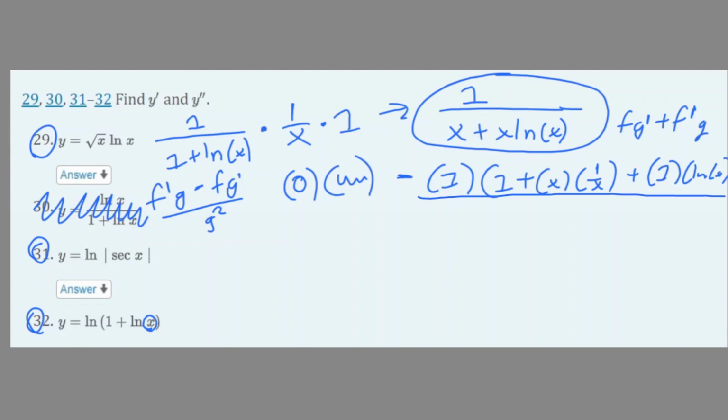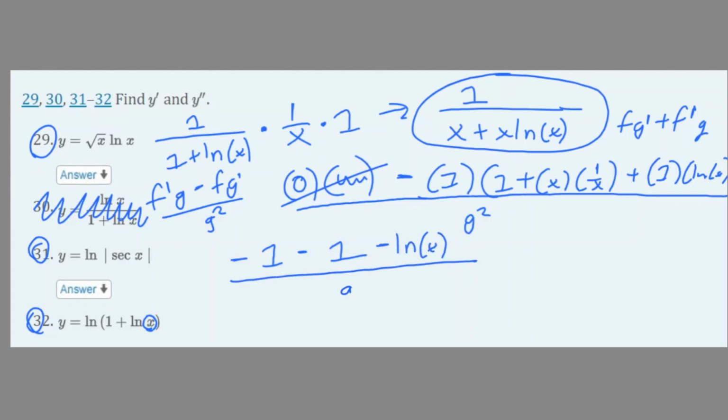And then on the bottom of this whole thing we have g squared. I'm going to leave it as g squared for now. And if we simplify the numerator, we just simply have negative 1 minus 1, because x times 1 over x is 1, and negative times 1 is negative 1, and minus ln of x, and that would be over g squared.